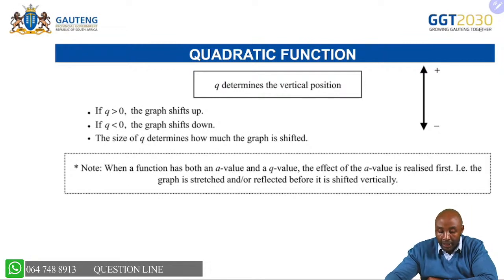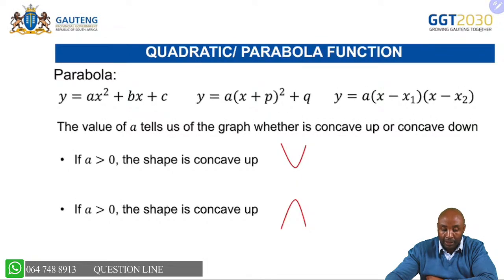There is a note there at the bottom. If you are having the shifts in both A and Q changing, the effect of A must be realized first, and then the graph is either stretched or reflected before it's shifted vertically. You will see as we answer the questions.